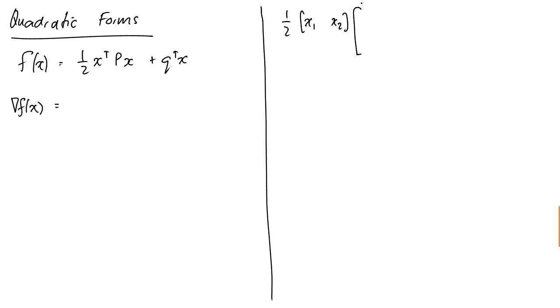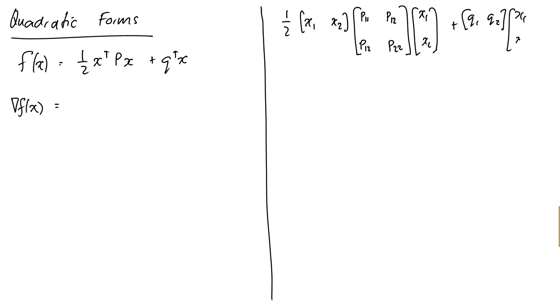Assume that the matrix P is symmetric. So P 1 1, P 1 2, we'll call that P 1 2 as well because it's the same, and P 2 2, plus q transpose x1, x2. Before I differentiate, let's expand this thing out.